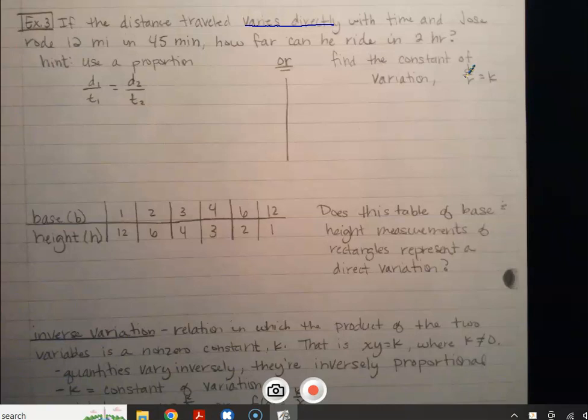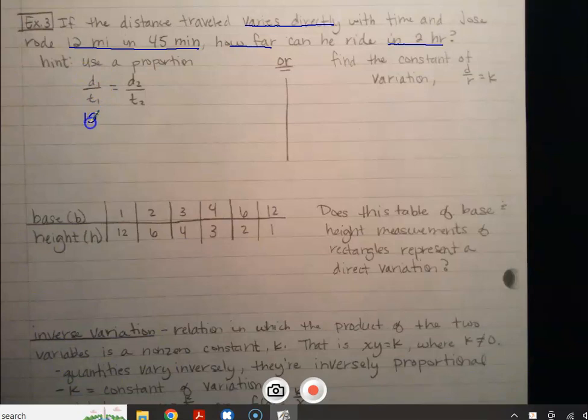All right, so for the first way, we use this proportion. If the distance traveled varies directly with time, and Jose rode 12 miles in 45 minutes, how far can he ride in 2 hours? So we want to know how far in 2 hours. We're using this proportion of distance over time.